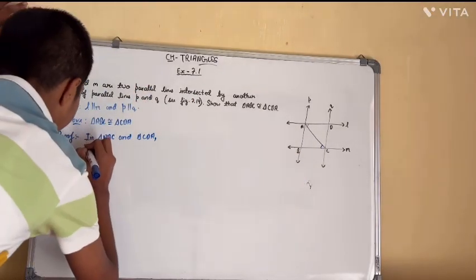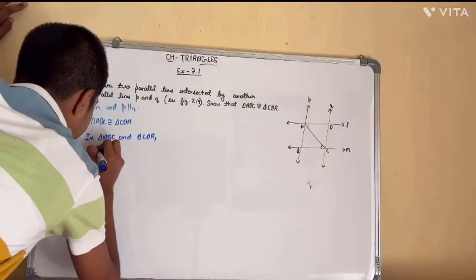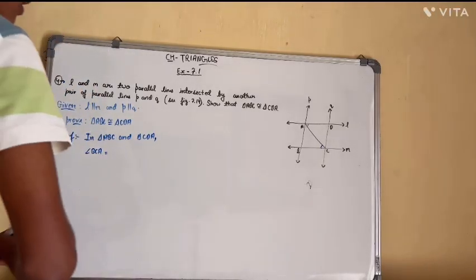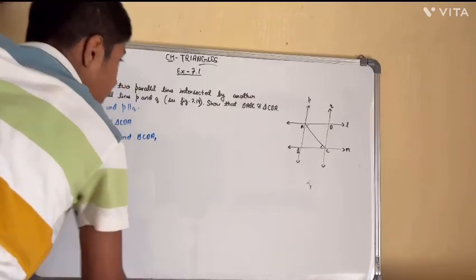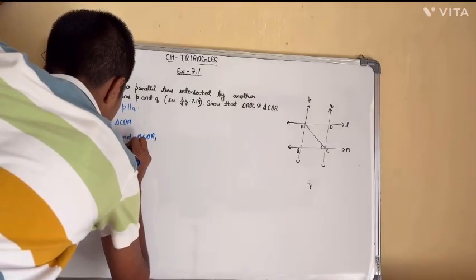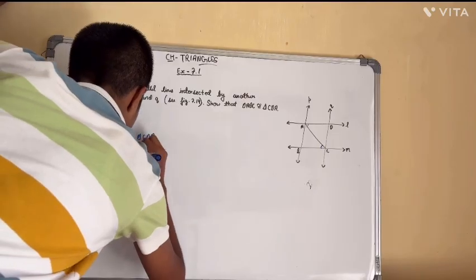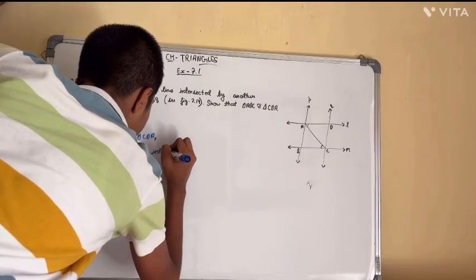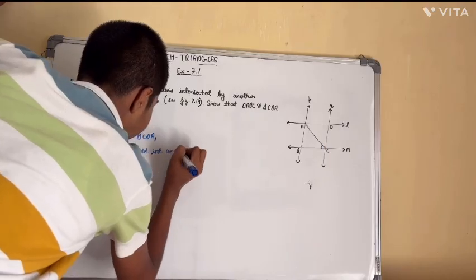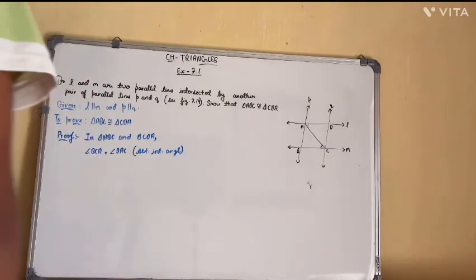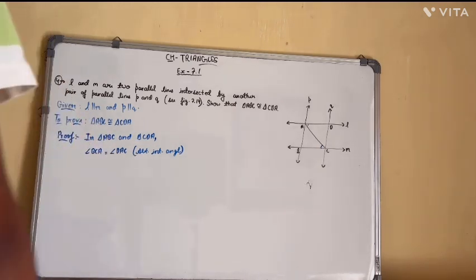So we can write that angle BCA is equal to angle DAC. Why? Because alternate interior angles. Okay, this is alternate interior angle. I have written it in the short form. Okay, so you can understand this.